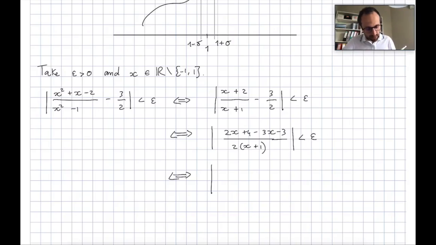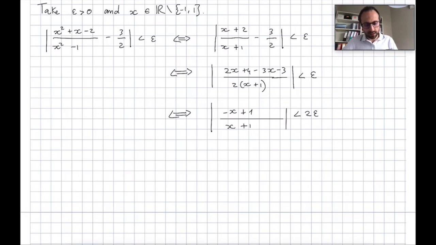Here in the numerator we now have minus x plus 1, over the absolute value of x plus 1, and the 2 I'll put on the other side. Now observe that this is nothing else than the absolute value of x minus 1 over the absolute value of x plus 1, smaller than 2 epsilon.